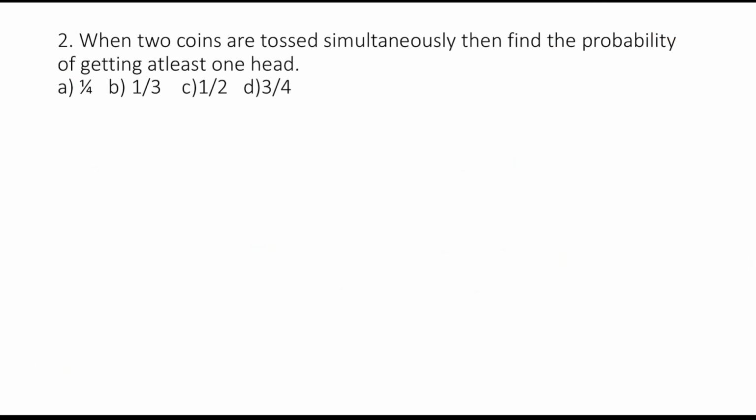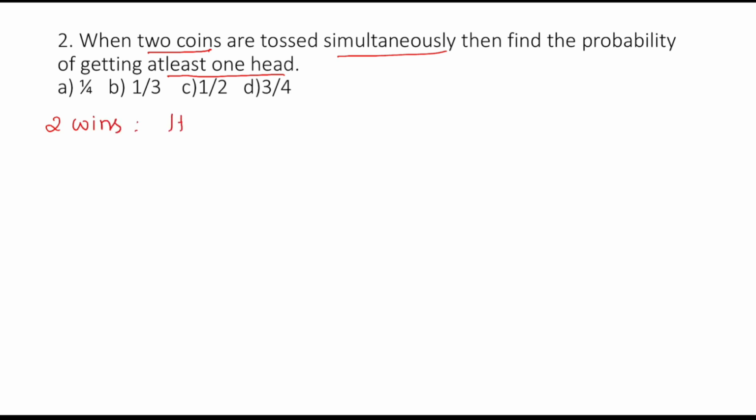When two coins are tossed simultaneously, find the probability of getting at least one head. When two coins are tossed, what all possibilities can we get?